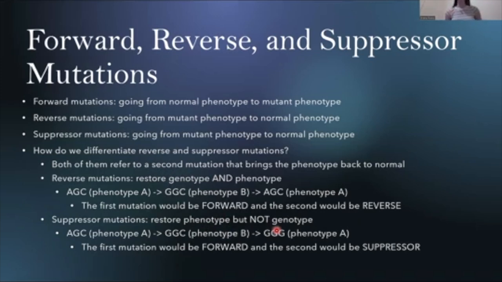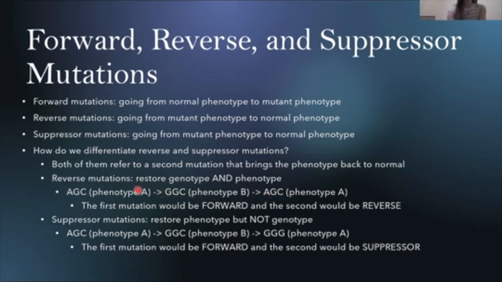I think this makes the most sense with looking at an example. So we're going to look at these codons. Let's say we started with AGC, which codes for phenotype A, and we change the A out for G, and those are both purines, so that would be a transition mutation. And now we have phenotype B. A reverse mutation would be changing that G in the front back out for an A, in which case we have phenotype A again.